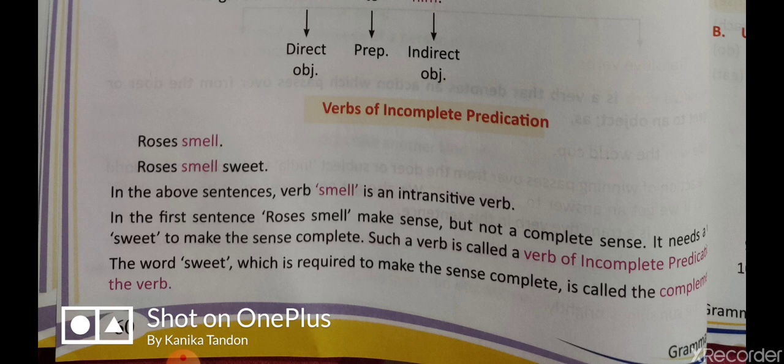And the word sweet, which is required to make the sense complete, is called the complement of the verb. Because of the word sweet, the sentence has a complete sense.